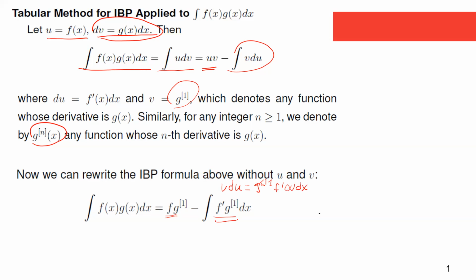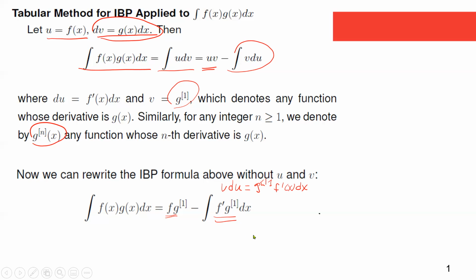So let's rewrite the integral as the integral of f prime times g1, so that f goes first, whether in the first term or second term. This is a reformulation of integration by parts without involving u and v.